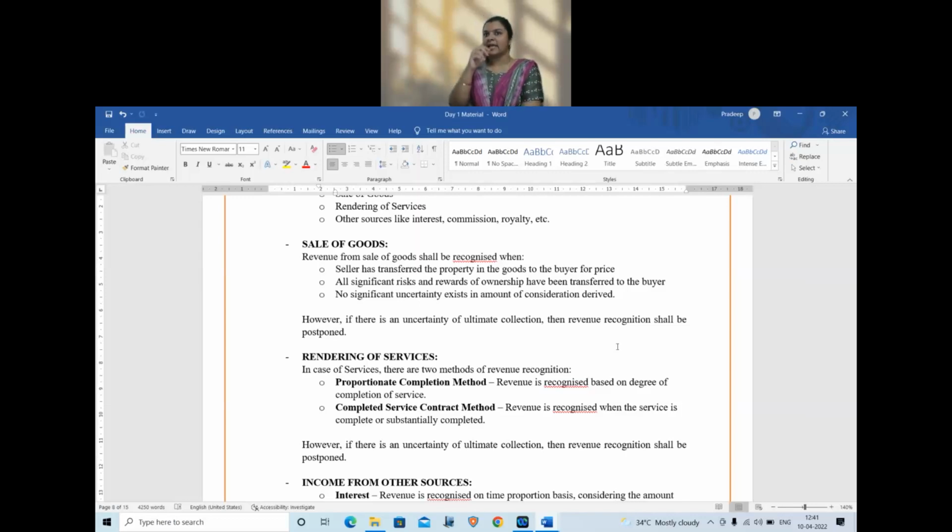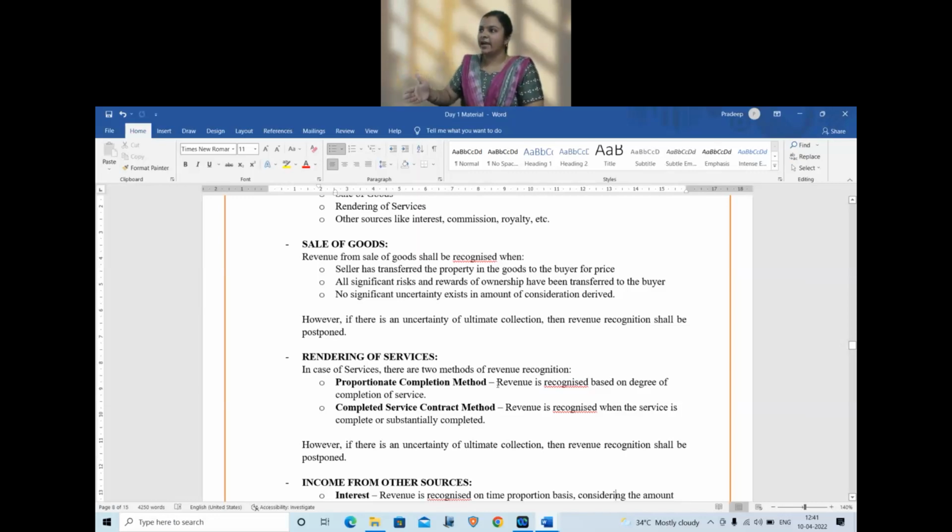Classic examples can be your mobile phone bills, where the service is on an ongoing basis. And whatever extent the service is completed, you are getting billed. So 1 month service provided, 1 month bill is raised, right? So in that case, revenue is recognized based on the degree of completion of service.